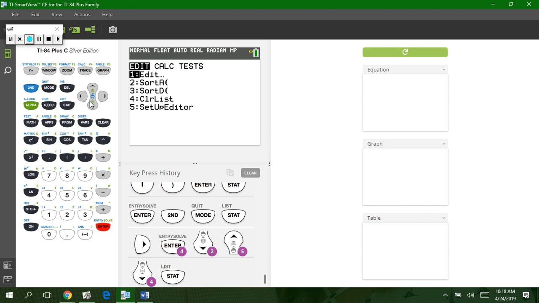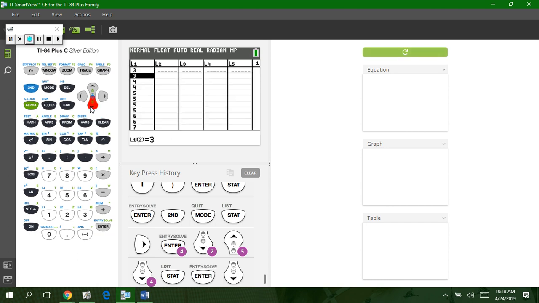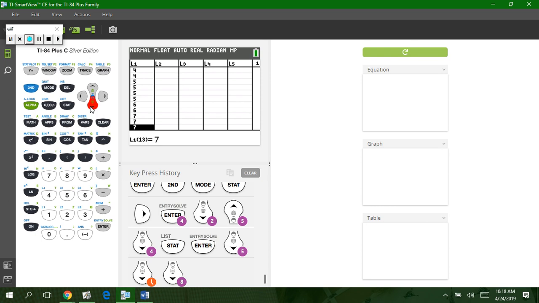Then I go down to the 27th number. Notice if you look right here, it says L1. As I go down, all I have to do is scroll until I get to the 27th number, because it was 27.6. A percentile means I beat that many people; I have this many people below me.